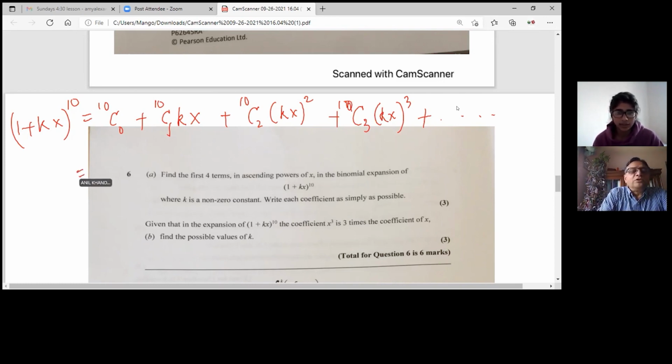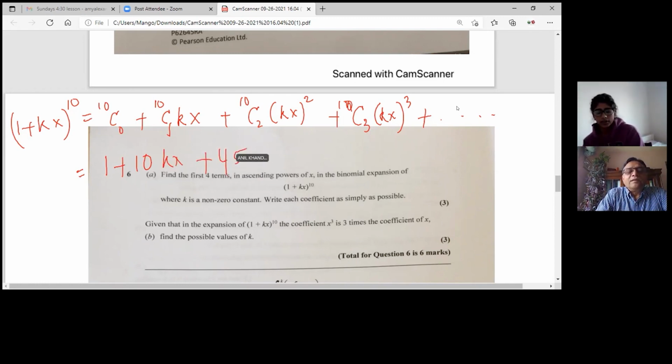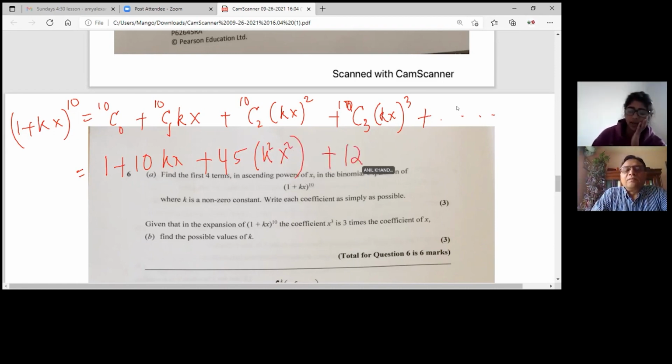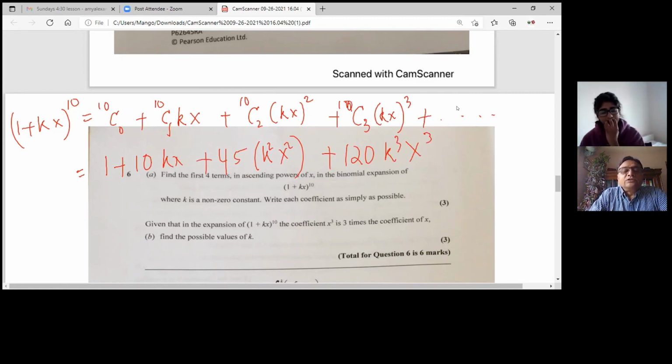So you get 1 plus 10kx plus 45k squared x squared, and then plus 120k cubed x cubed. So you get this expression. Is that clear? Yeah. Now, given that in the expansion the coefficient of x cubed is 3 times the coefficient of x, the coefficient of x is 10k, and x cubed is 120k cubed.